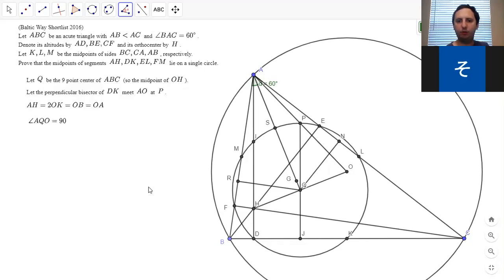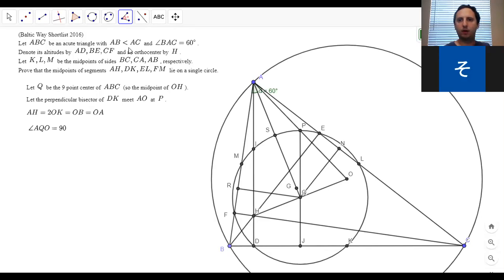Can we show angle RPJ as angle RNJ? So angle RPJ, maybe there's a better way. Yeah.